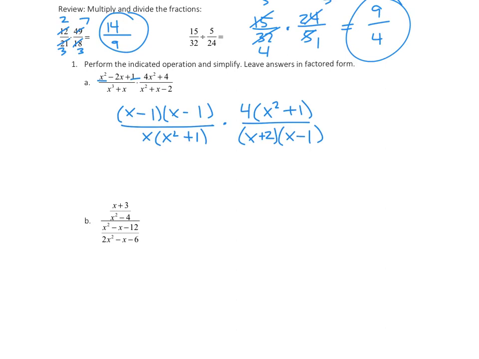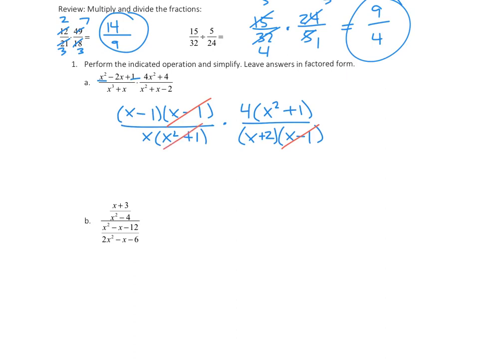And then I check to see what cancels. So anything on the top can cancel with anything on the bottom if they're the same, and it doesn't matter if they're in the same fraction or different ones. So, for example, the x minus 1 on the top of that fraction can cancel with the x minus 1 on the bottom of the other one.